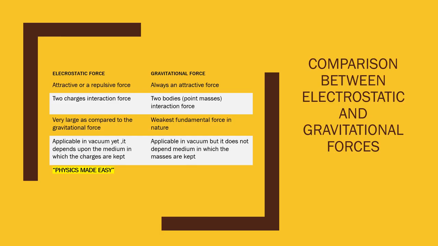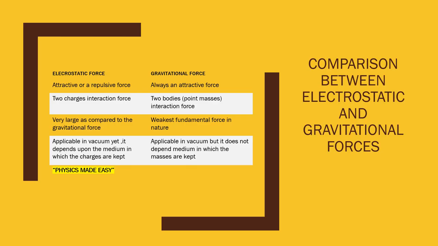A comparative study of electrostatic and gravitational forces is shown in this slide. Electrostatic force can be attractive or repulsive in nature. Gravitational force is always an attractive force. Electrostatic force is a two-charge interaction force, whereas gravitational force is an interaction force between two bodies of point masses.